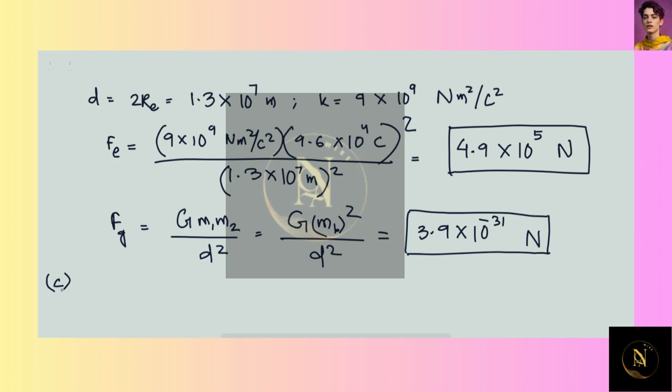So now for part C, we basically have to see whether the forces are large enough for us to feel that if we are holding one of the bags. If you compare these two, you'll see that Fe is very large and Fg is very small, which means that the electric force between the two bags is very large, and the gravitational force is very small.